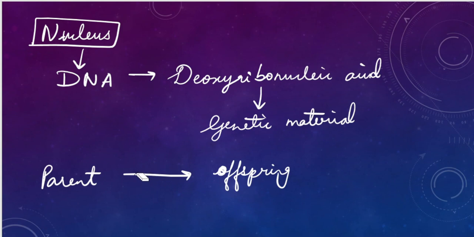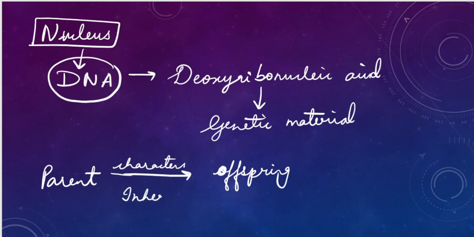Okay, so it will carry information in the form of DNA. It will carry all the characters, everything, from parents to offspring. That transmission is known as inheritance. What is the transmission known as? Inheritance.